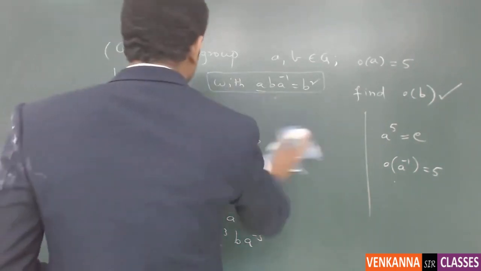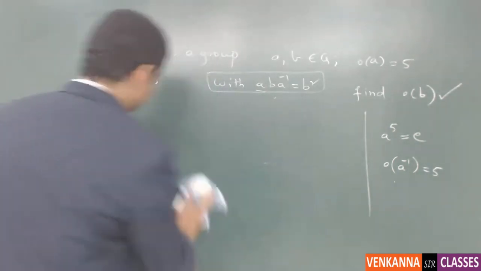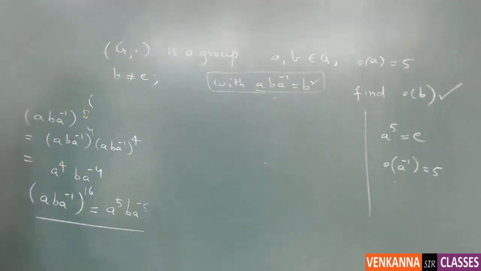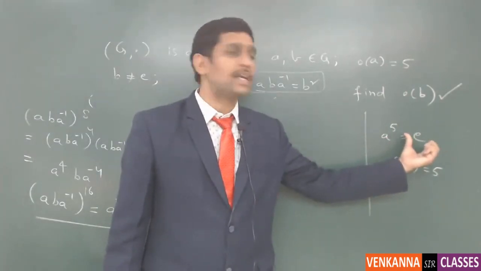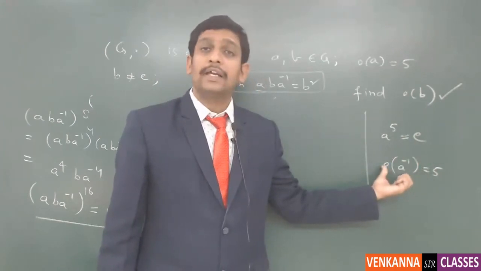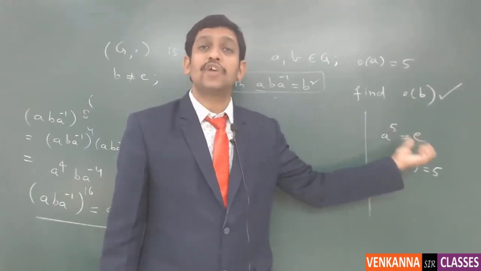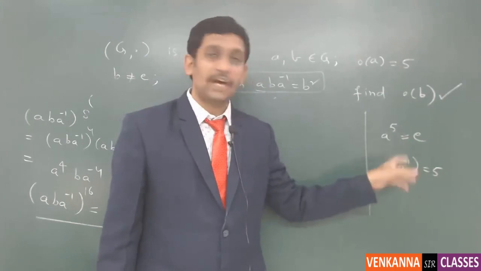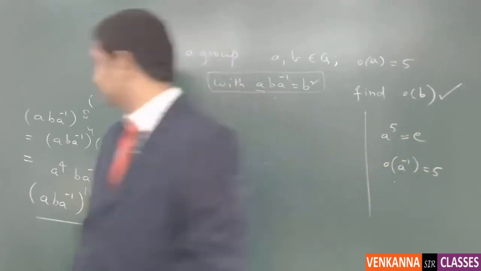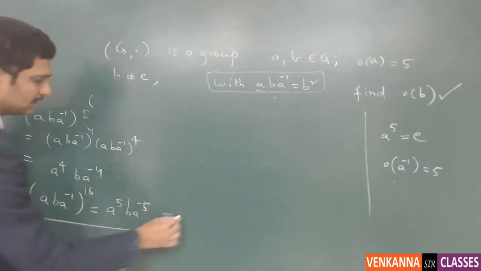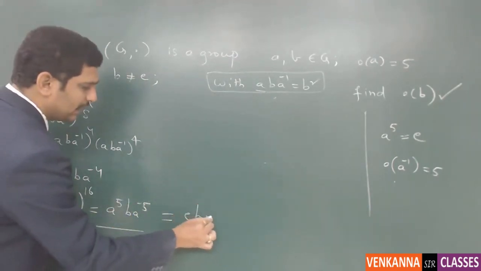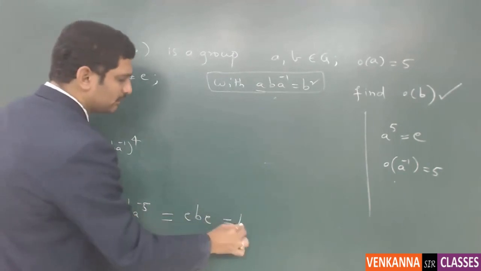Now see, we have already known that a power 5 is equal to identity and a inverse whole power 5 is also identity because both have the same order. 5 is the order. So this part is nothing but identity, b identity is nothing but b.